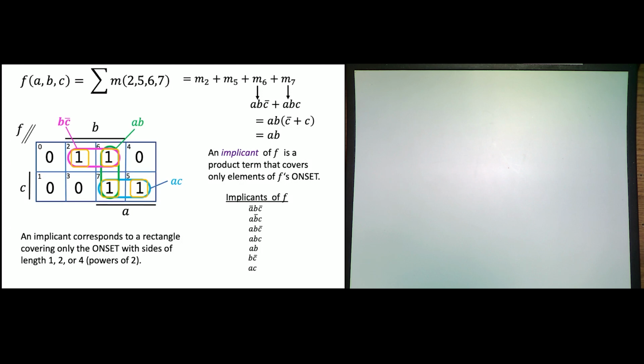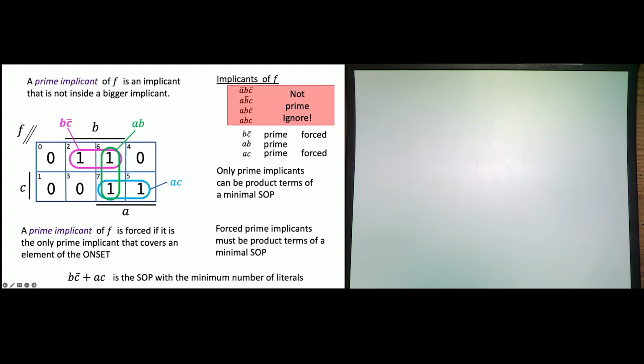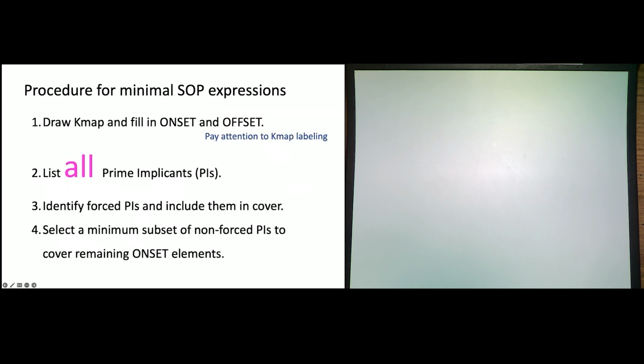All right, so here's our procedure for finding a minimal sum of products. Step 1, draw the K-map.